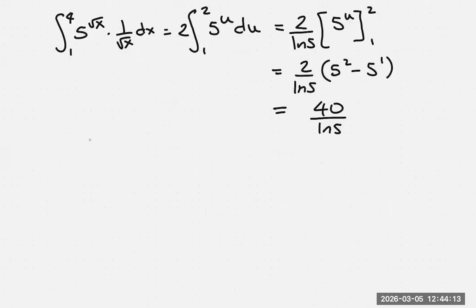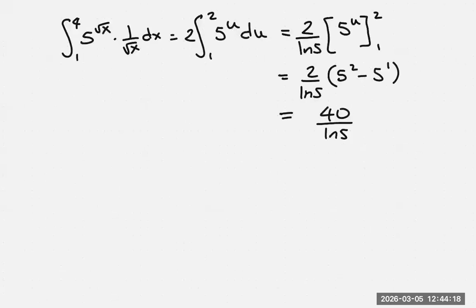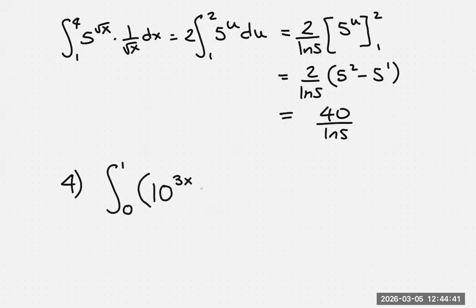So homework, not graded, of course. So try number 4 on your own. Next class, you can let me know if you get it right or not. It's the integral from 0 to 1 of 10 to the 3x plus 10 to the negative 3x with respect to x.